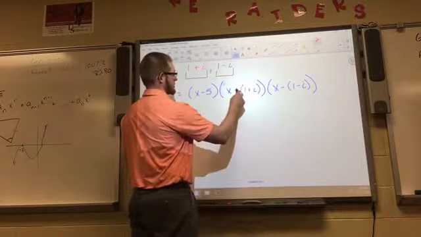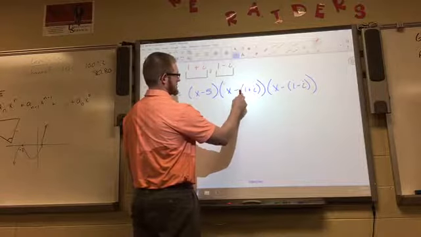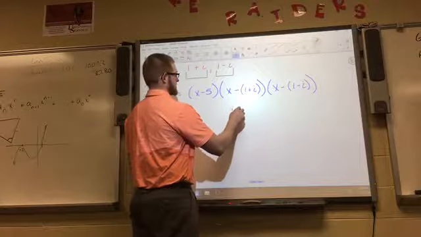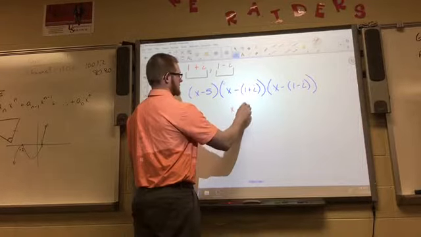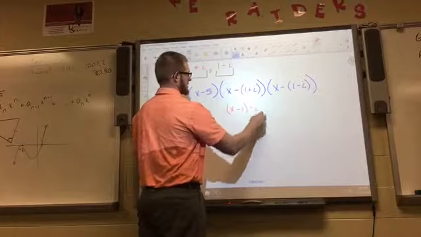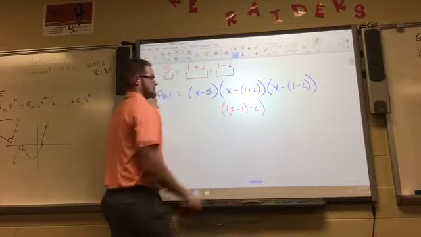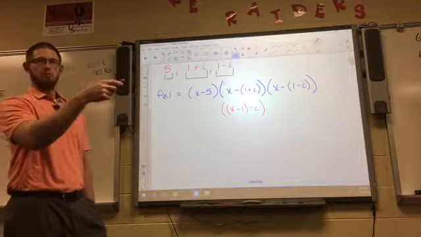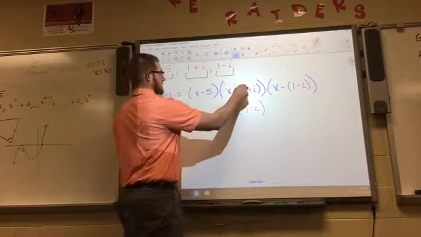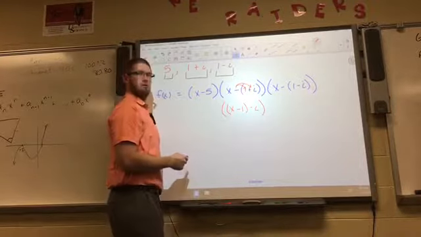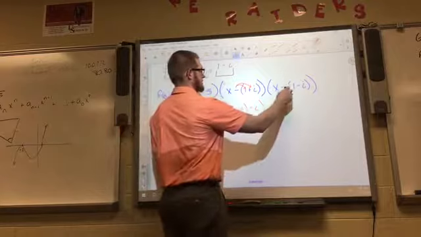But what they showed in your book is they actually took this minus sign and distributed it. So they ended up with x minus 1, and they grouped that, and then minus i. I distributed my negative sign and regrouped. I took my negative here and my negative here. You with me? Did the same thing over here.